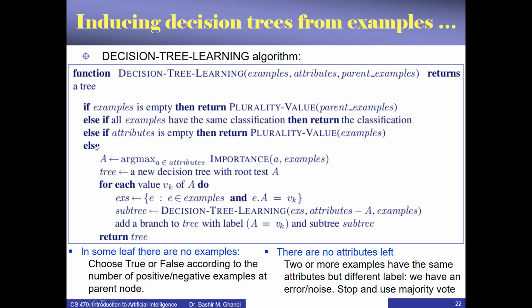So if you have a mixture of different outputs, then what you do is try to partition the examples. You're going to partition the examples by choosing the most important attribute and use that attribute to partition the examples. We will learn later how to choose the most important attribute.